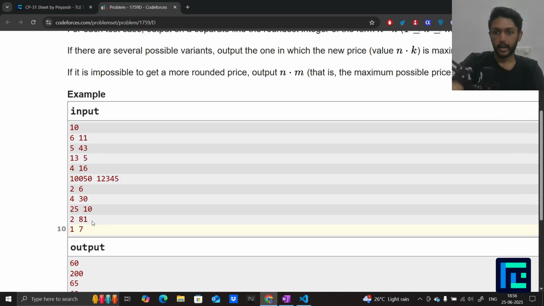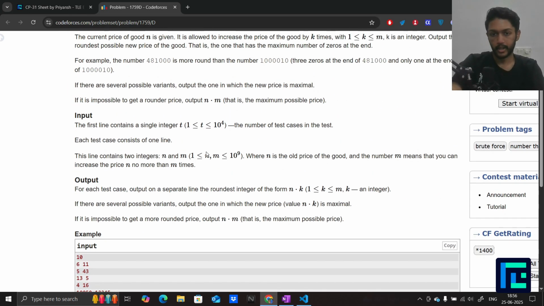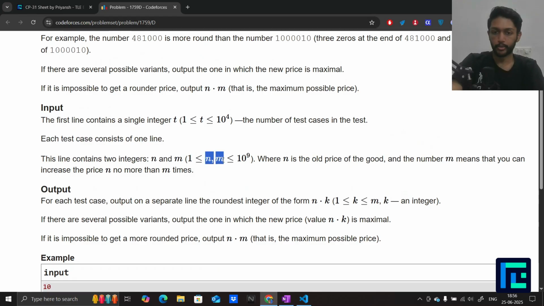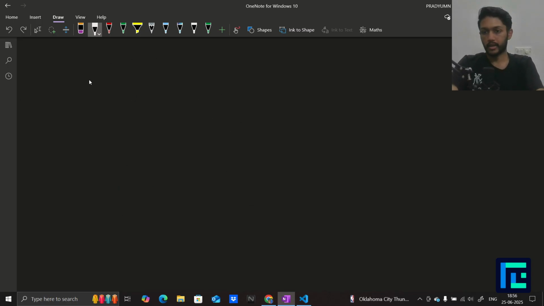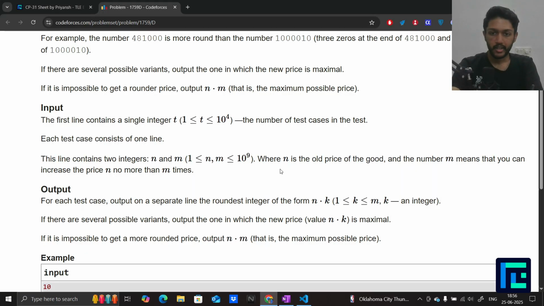All right, and the constraints here are that n and m can be up to 10 to the power 9, and also the number of test cases is up to 10 to the power 4.